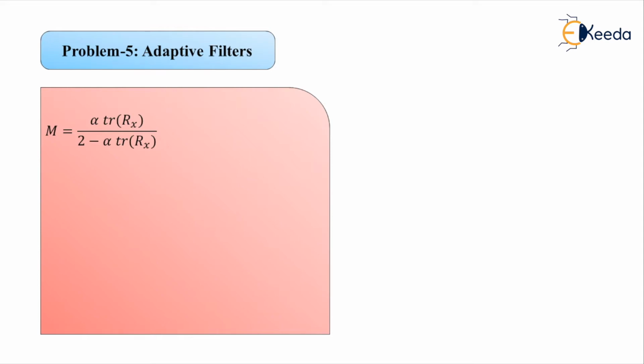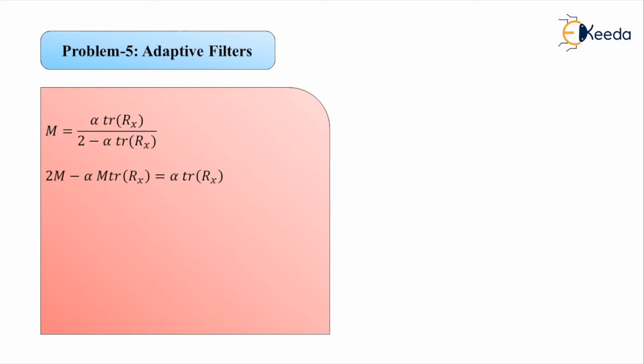Therefore, from this relation, if we need to isolate alpha, first of all the denominator of the right hand side we multiply to the left hand side. So we transfer it to the other side. Therefore we get the equation of the form 2M minus alpha M tr of the autocorrelation matrix Rx.